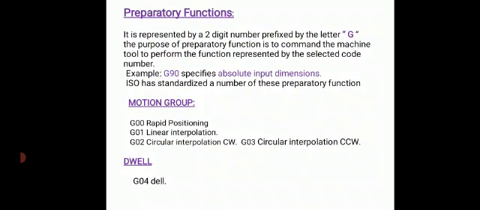Then the motions group: G00 rapid positioning, G01 linear interpolation, G02 circular interpolation CW, meaning clockwise, G03 circular interpolation CCW, counterclockwise, G04 dwell, meaning there is no movement.